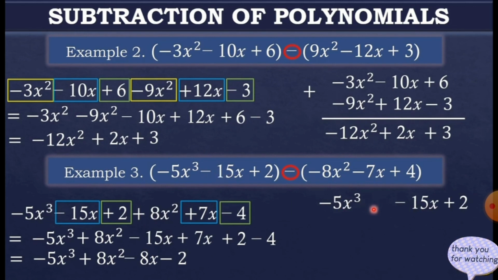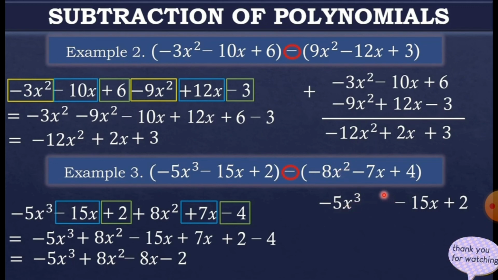But you can see, it has no x squared. So, negative 5x cubed, then followed by negative 15x. It has no x squared. So, since there is no x squared, we have to give space so that negative 8x squared can be placed here. Okay? Because those with like terms should be aligned.